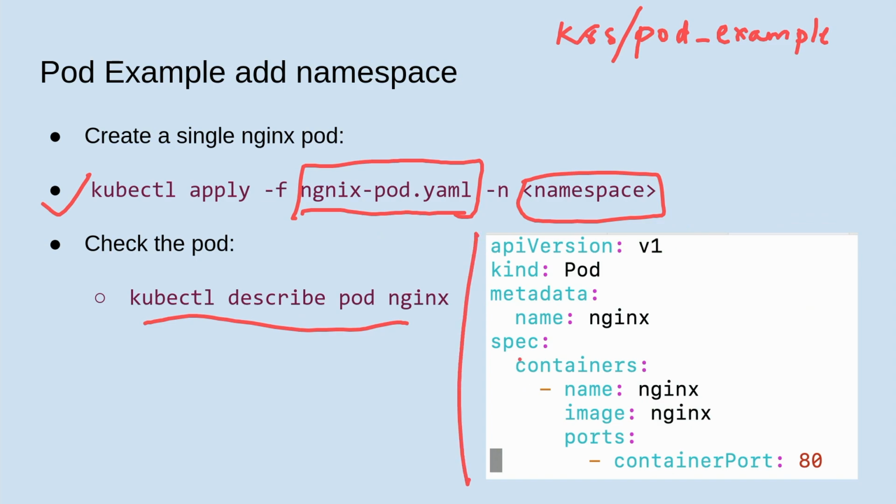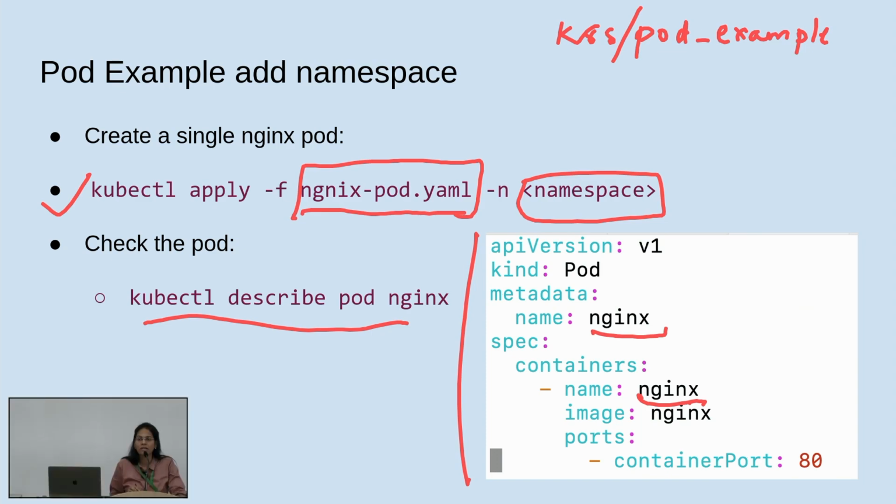It says that the name of the pod should be Nginx, and the name of the container that will run inside the pod will also be Nginx, and what image to use, right? The way you had an image to be used when you were building the containers using Docker, similarly you have to pass the image to run the containers inside this pod. So this image gives the path to the image that needs to run as the Nginx image.